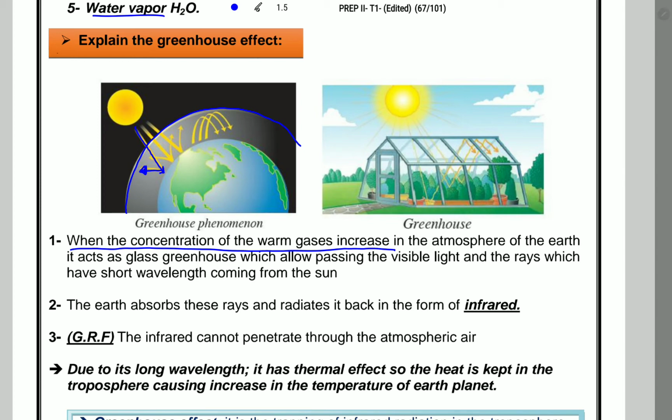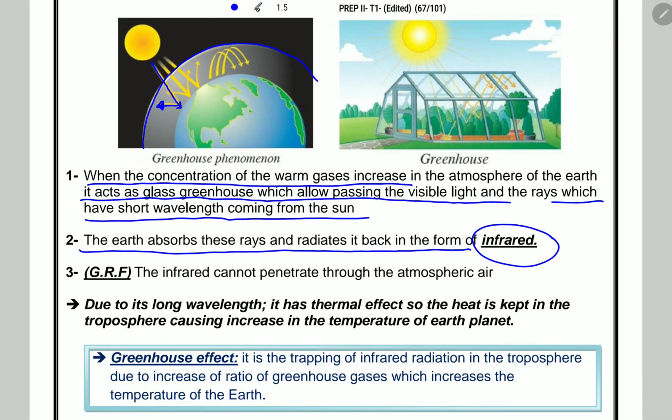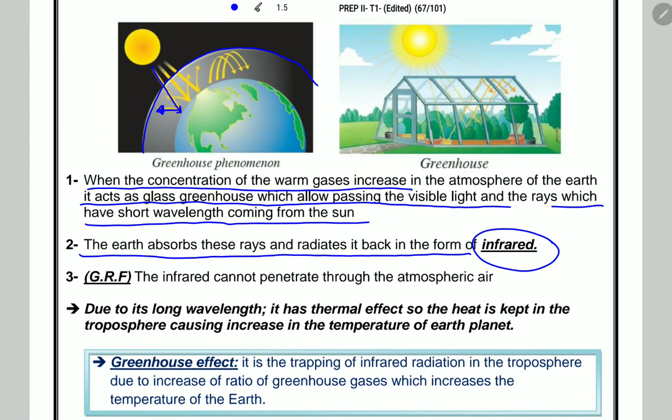when they increase, they act as a greenhouse gas, which allows the passing of the visible light and the short wavelength rays coming from the sun. So it allows the sun rays to come in. The Earth absorbs these rays and radiates them back in the form of infrared rays. These infrared rays cannot penetrate back through the atmosphere.